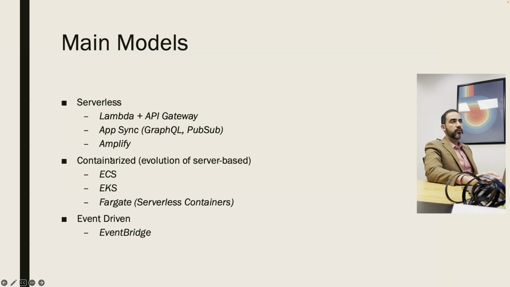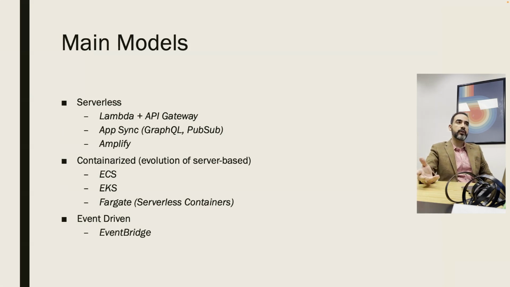Next, I want to once again stay at an overview level, but talk about the main models when we talk about development these days. You hear a lot about serverless. So serverless is one. The other deployment model is containerized. And then there's event-driven architecture that we could use depending on our use case.